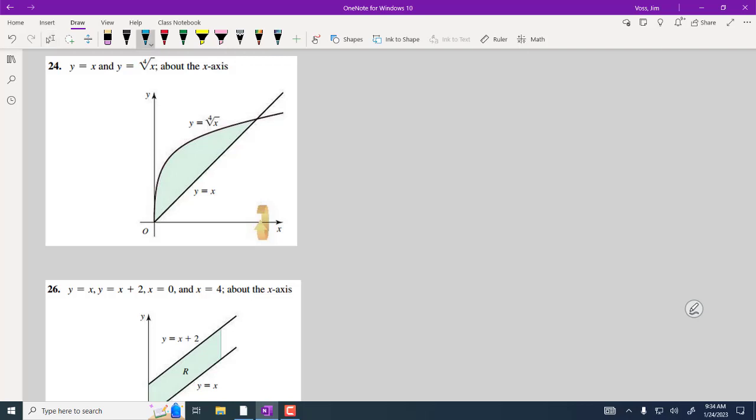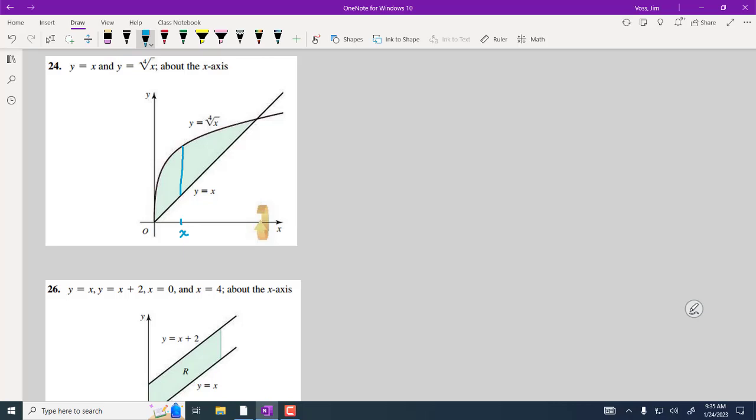So I'm going to start by drawing a representative integration element. I'm going to draw a vertical element at a random x. You can draw it anywhere in the region. But do note this, that if we're going to create a washer, we have to draw our integration element perpendicular to the axis of rotation.